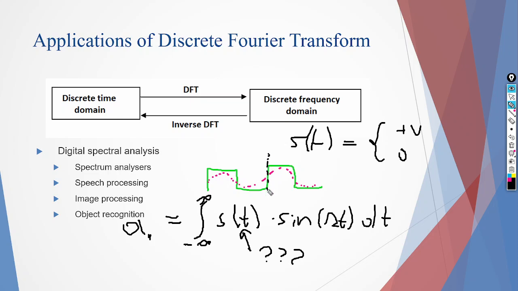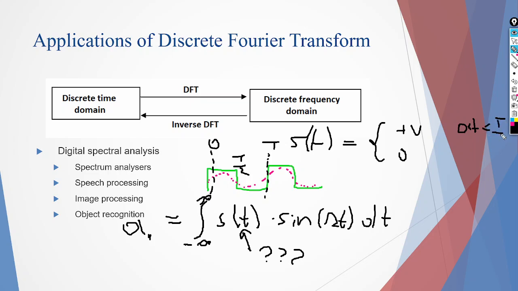Usually we speak about one period, starting from zero. Here we have one period T, here we have T by half. So in the range from 0 to T by half, we can say that your signal is plus U, and otherwise it's 0.